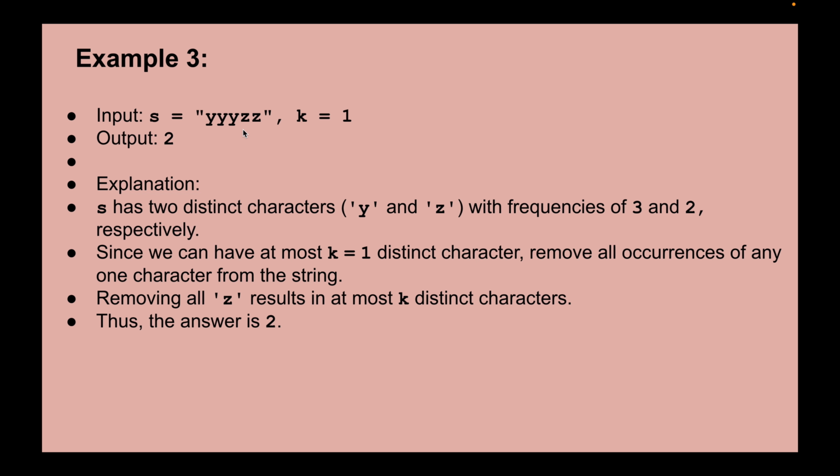If we remove all z, we get at most k distinct characters. Remaining, we have to delete it 2 times, right? So the number of deletions is 2, and the answer is 2.